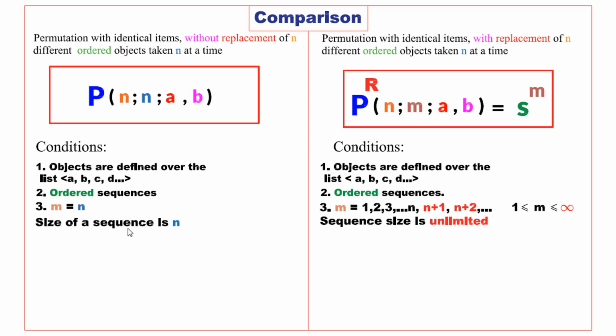but in the case of permutation without replacement of n taken n at a time, the size of the sequence is n. While in permutation with replacement of n objects taken m at a time, the size of the sequence is unlimited.